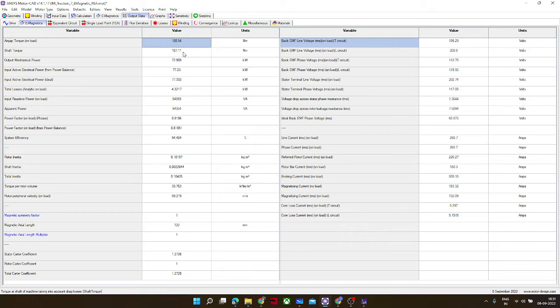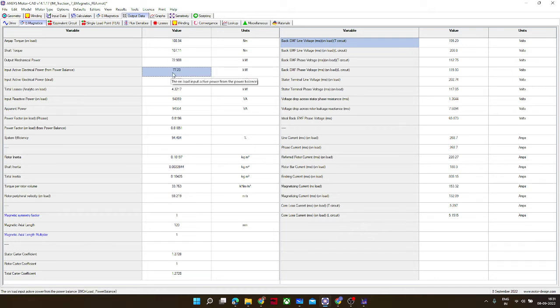Okay. And input active power was 77.23 kilowatt. And total input power, that is apparent power, would be the square root of the sum of squares of this plus reactive power. And output mechanical power is 72.9 kilowatt. Okay. And input electrical power is 77.23 kilowatt.